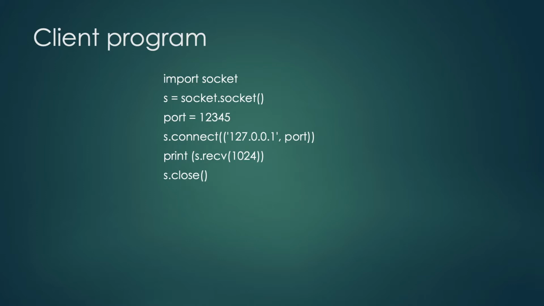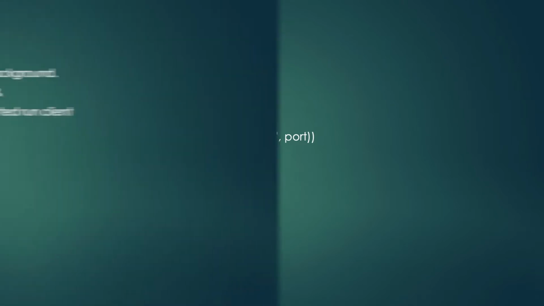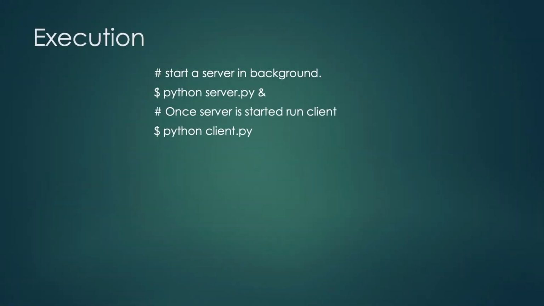How to execute this particular client and server program? So, for execution, first you have to start the server in background by calling the command python server.py and ampersand symbol in the terminal. Open another terminal.